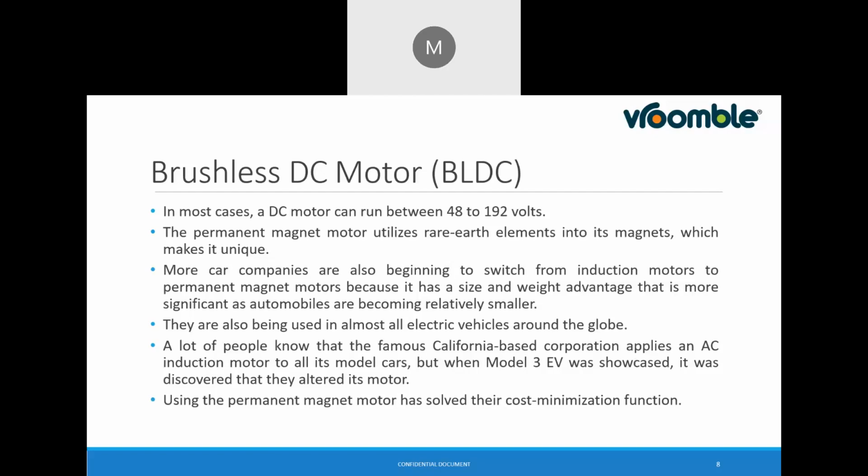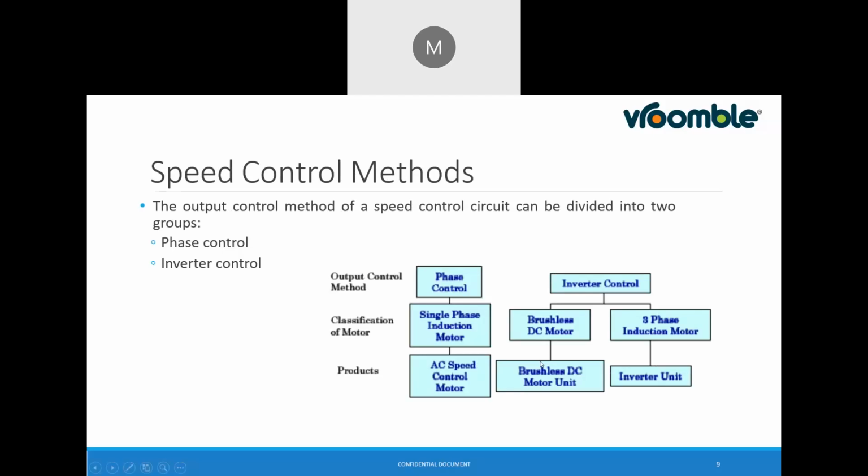When we are talking about this BLDC motor and rare earth elements, it definitely needs a very critical controlling system with respect to the current and the temperature control, I would say. Now, when we are talking about speed control of these motors, there are basically two methods, right? Phase control and inverter control.